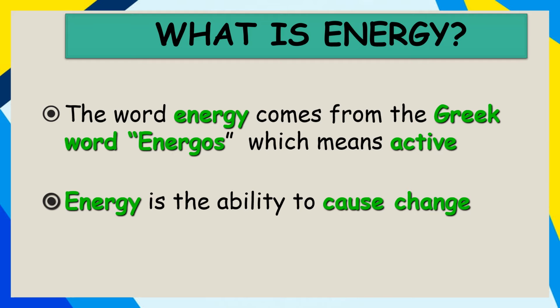Means he was trying to cause change in the object or the toy that he was playing. तो वो हमारे अपनी बॉडी के अंदर जो एनर्जी होती है वो अप्लाई करने से काम होता है. ठीक है. सो आई होप द वर्ड एनर्जी कहाँ से डिराइव हुआ है और उसका मतलब क्या है समझ में आ गया सबको. एनर्जी मीन्स यू नीड टू बी एक्टिव. व्हेन यू आर एक्टिव यू आर एबल टू डू वर्क. ठीक है. सो द एनर्जी मीन्स इट इज द एबिलिटी टू कॉज चेंज.